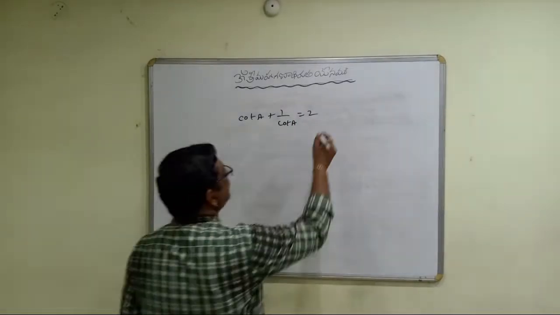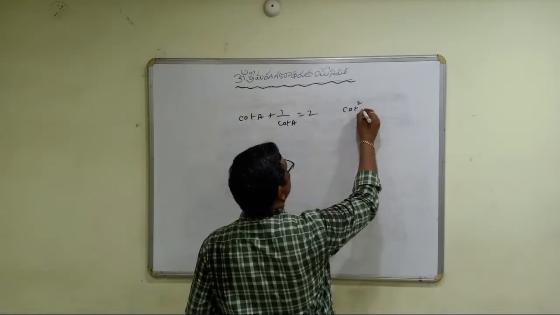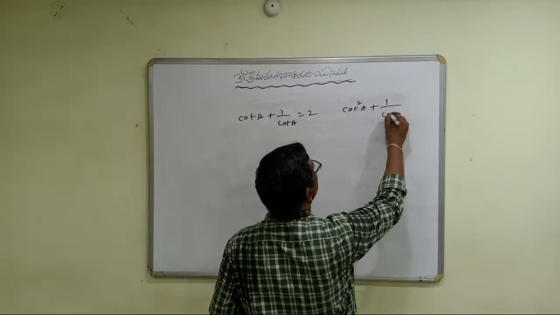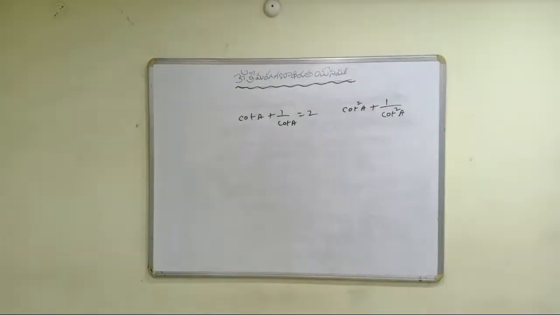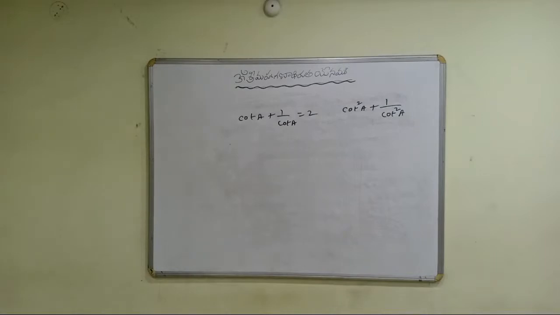Then what is the value of cot square A plus 1 by cot square A? This is the question he is asking. Okay?